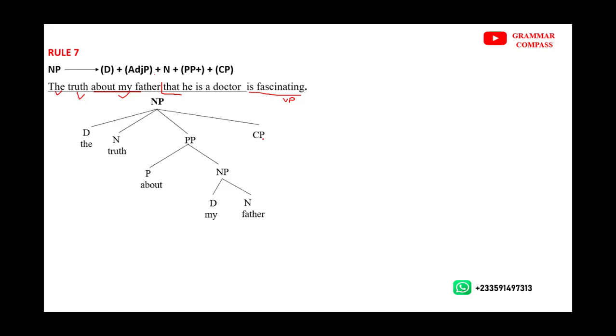Let us expand this complementizer phrase. This complementizer phrase consists of the complementizer, that is that, then a TP, another sentence embedded in the complementizer phrase: he is a doctor. This TP, he is a doctor, consists of a noun phrase and a verb phrase. The noun phrase consists of the noun head, that is a pronoun, he.